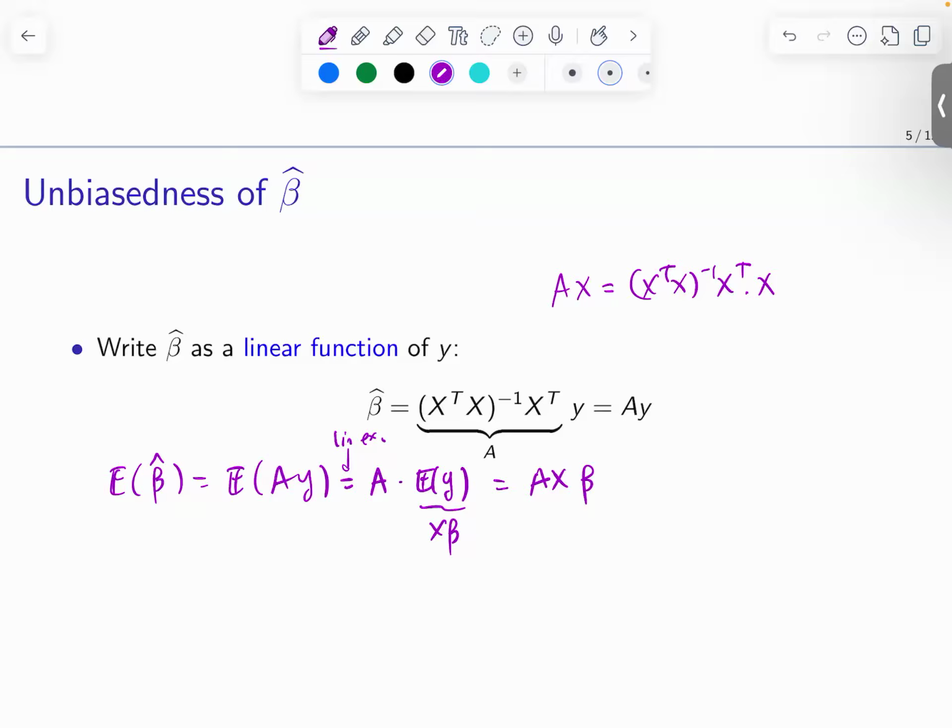Yes, this matrix is the same as the one that appears there, so it's just the inverse of a matrix times the matrix itself. It's going to be I, the identity of size p plus 1. And so this gives me beta. So the expectation of beta hat is beta.